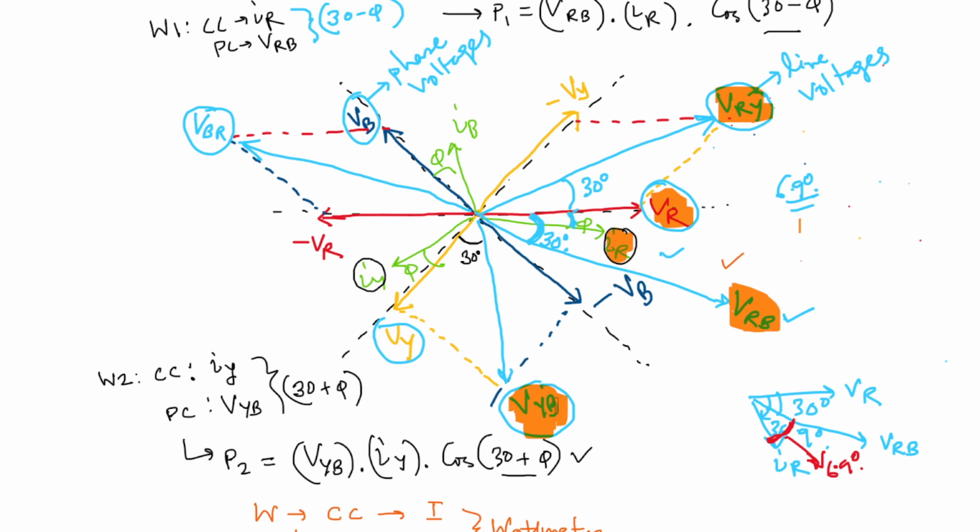So the angle between VYB and IR is actually 90 degree, and this other angle is 36.9. So the angle between them is 90 minus 36.9, which is equal to 53.1 degree.